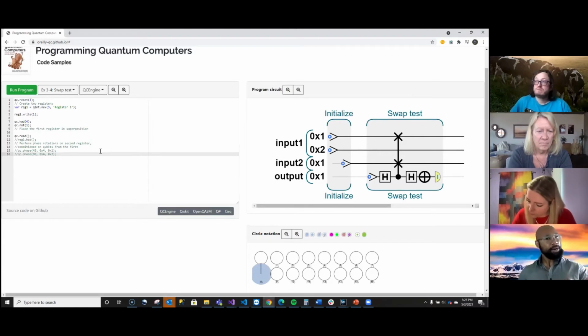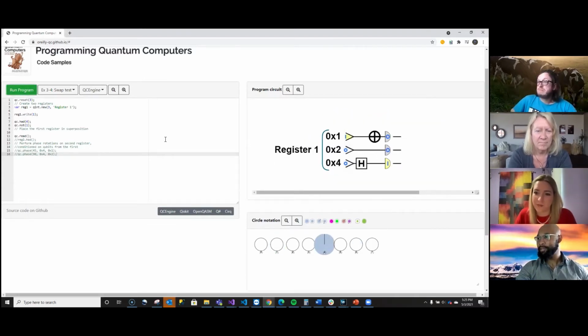It switches. Would you say that's what it does, Jeremy or Lynn? It switches. I don't want to use the word swap because there is an operation for it, so I'm trying not to use that expression. So let's run this program quickly.